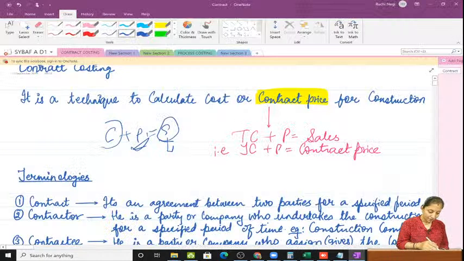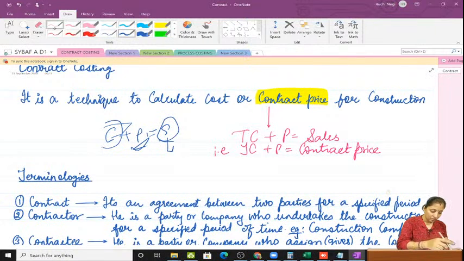Next, who are the parties to this contract accounts or in contract costing? So you should know what is a contract, who is a contractor, who is a contractee.